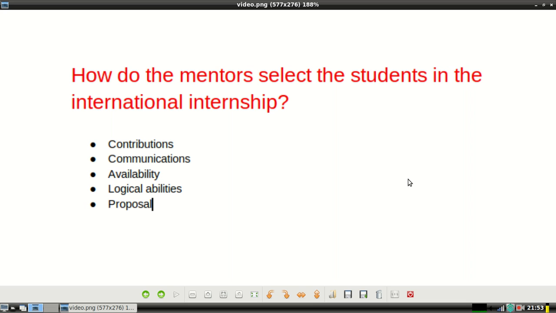So this is why contributions play an important role in the selection process. If you have not done any contribution in the period of 1 or 2 months after submitting the application, then I think this will decrease your selection chances, because we don't have any judgment about your coding skills. So pre-contributions are mandatory.